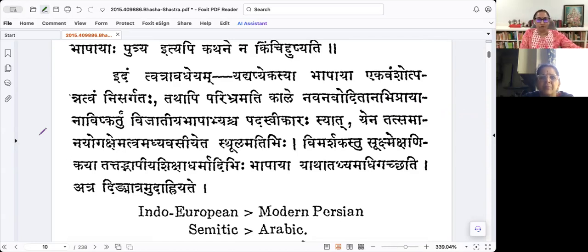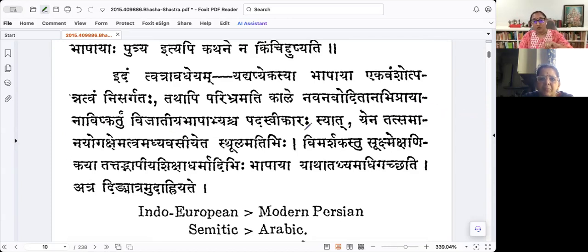Like for example, for computer, you want to use certain newer words. Modern Sanskritam or spoken Sanskritam is like that, because we want to say newer items.